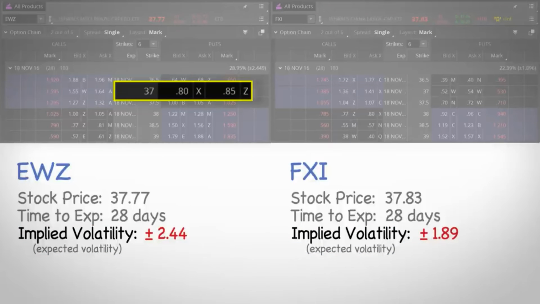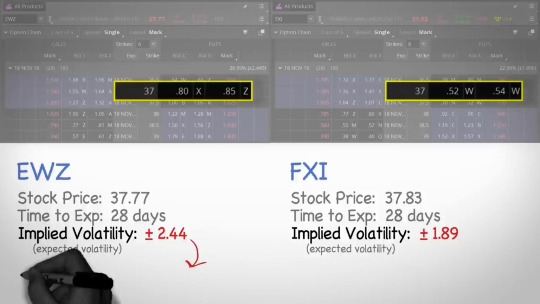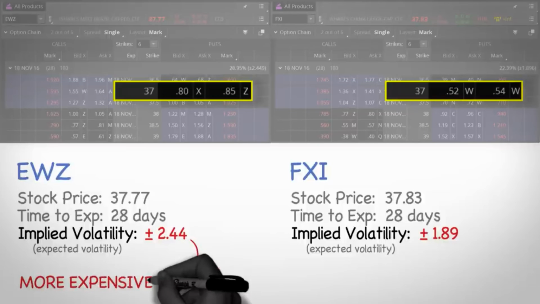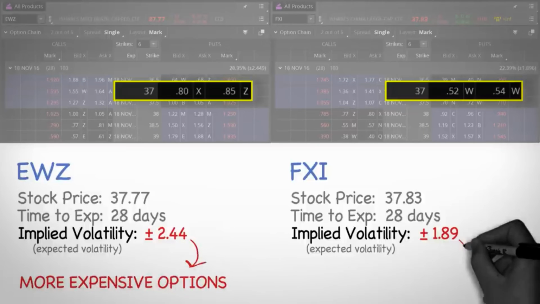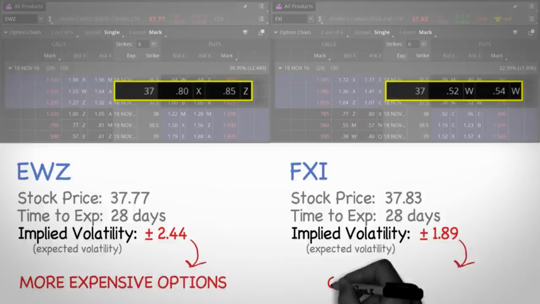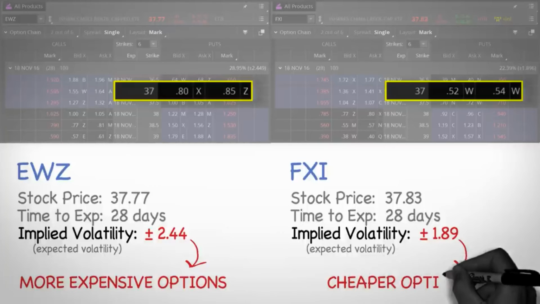The price of this put option is around 85 cents. But if you look at the 37 strike put option on FXI, you can see that its price is only 54 cents. This is a demonstration of how a stock that is expected to have high volatility is going to have expensive options, and a stock that is expected to have low volatility will have cheap options.